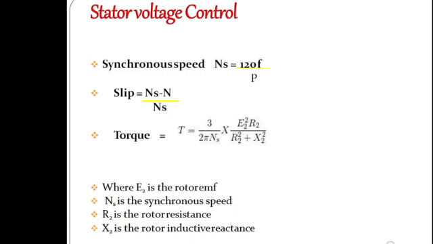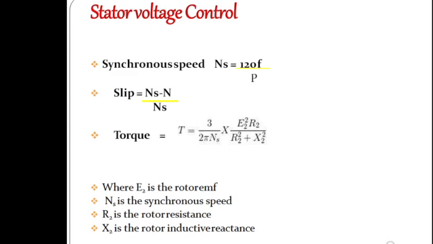So, the stator voltage control. The synchronous speed, Ns, is 120 f by P. The slip is (Ns minus N) divided by Ns.